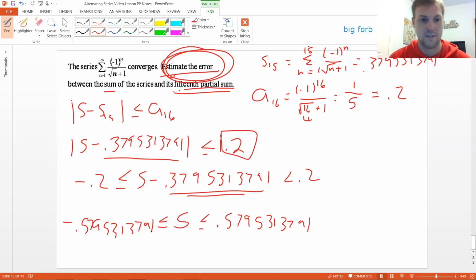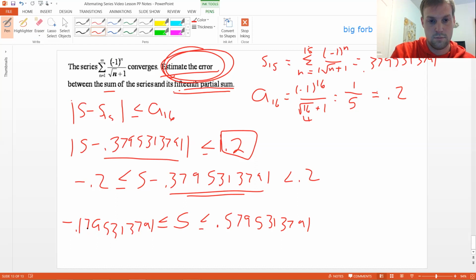No. Nope. Would you like -0.2 plus 0.3795? Oh yeah, -0.2 plus it. Yeah, you're right. I'm an idiot. So that'll be 0.1, right? Is that right? For the right side or the left side? Left side. Did I do the right side wrong then?